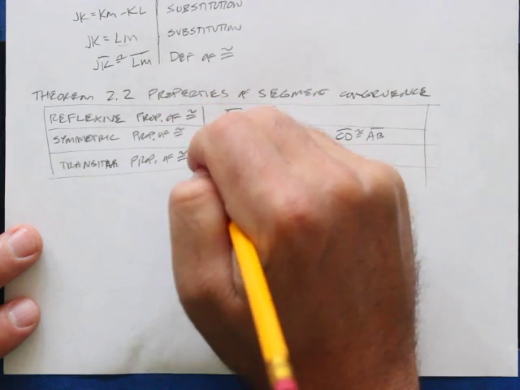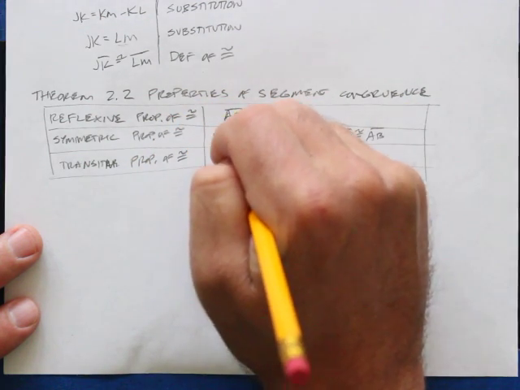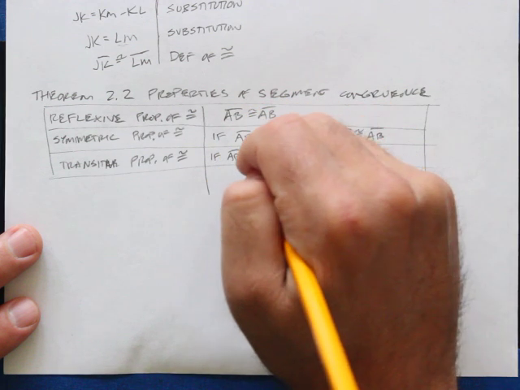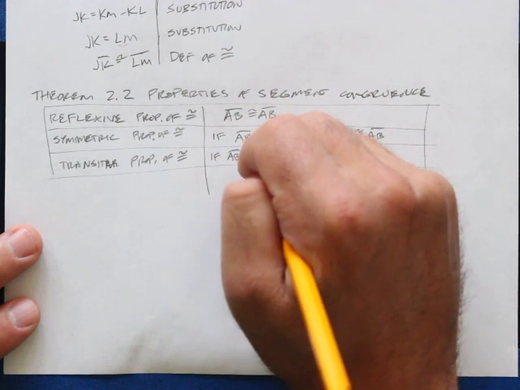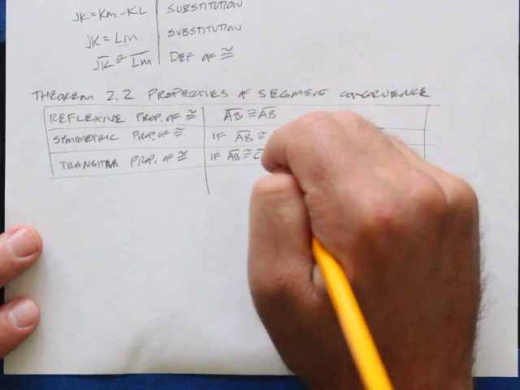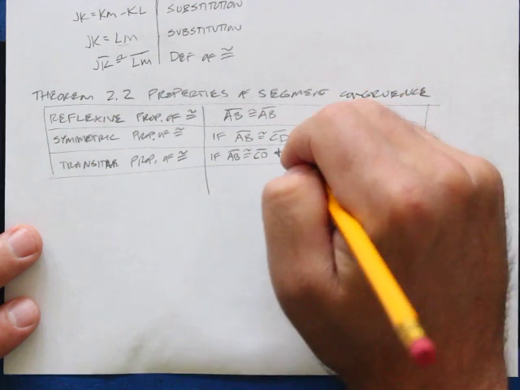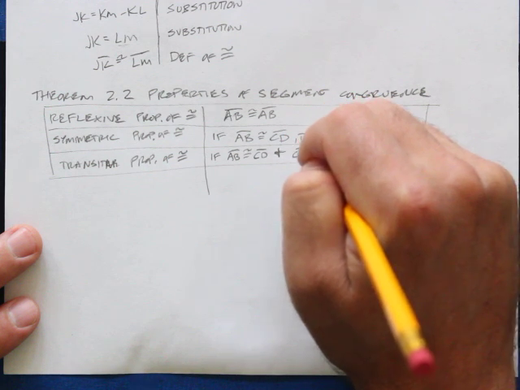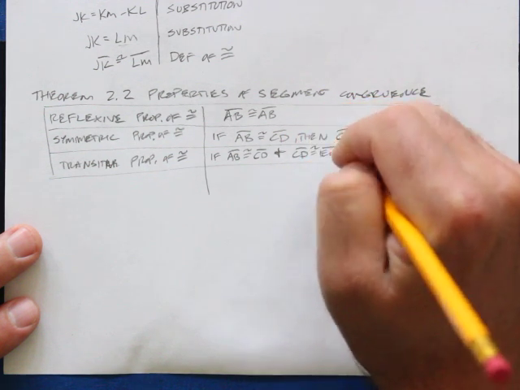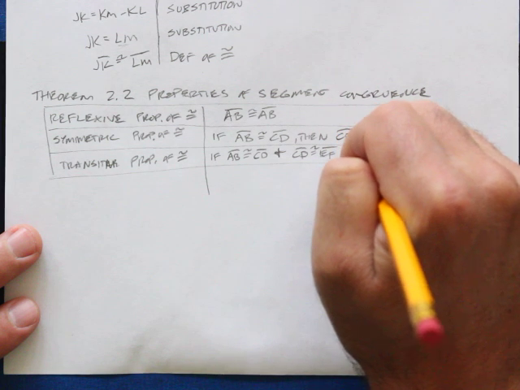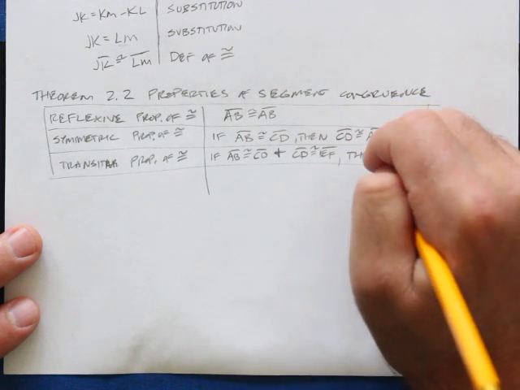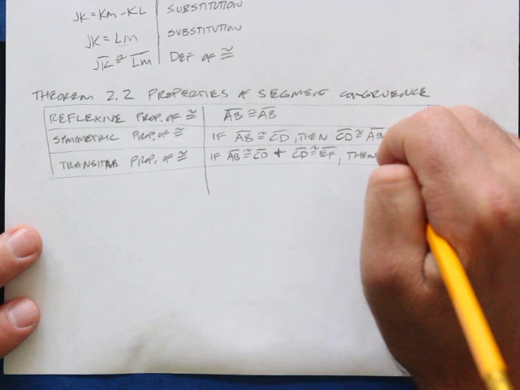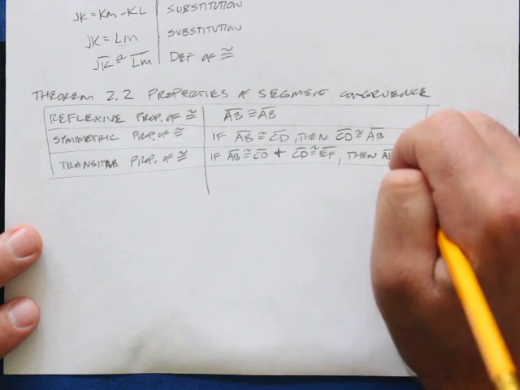And this says if segment AB is congruent to segment CD and segment CD is congruent to segment EF, then segment AB is congruent to segment EF.